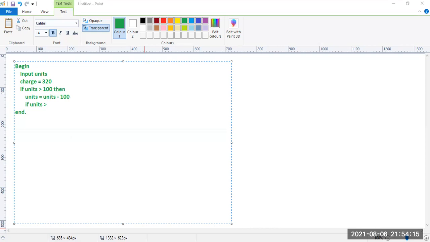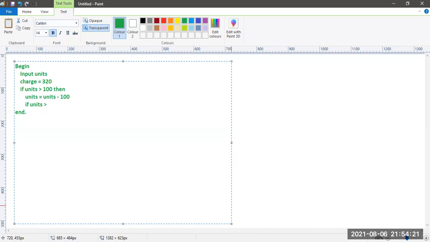For the next 50 units, if it is greater than 50, you reduce another 50 from the units.